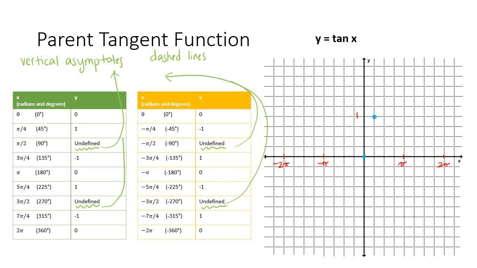So maybe we'll sketch one of those right now. I know right here at pi over 2, I have a vertical asymptote. We should use a straight edge when we graph that. Okay, so that looks like my vertical asymptote. Now I can also see here I've got one occurring at negative pi over 2. I'm going to plot that one as well. Negative pi over 2 is right over here.